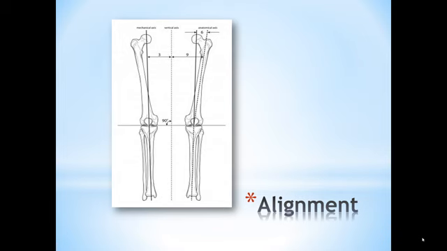And over time, that compartment may begin to break down. And when it begins to break down, guess what? We end up with a greater valgus position or a greater varus position.